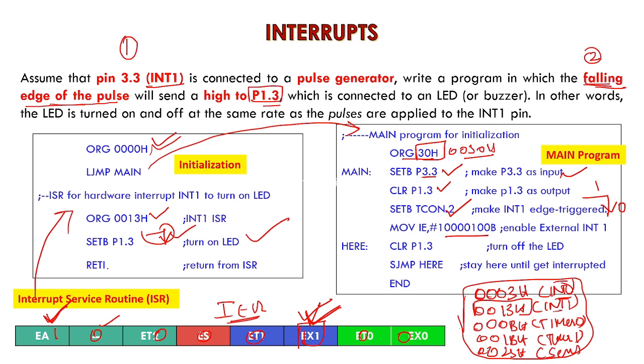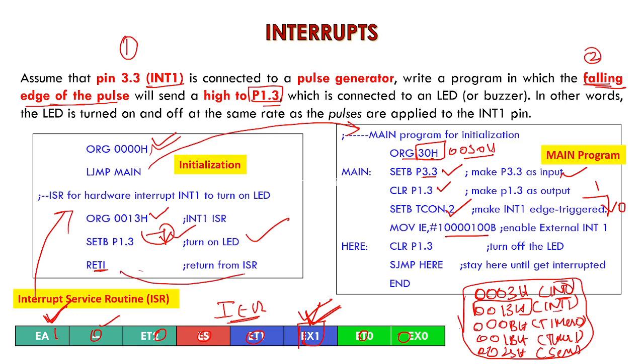Then reti, that means what? It returns from the ISR and it will go to the main program. Okay, it will continue the logic wherever it left off, right? So when it recognizes this instruction, it will go to the main program to continue the process, right?